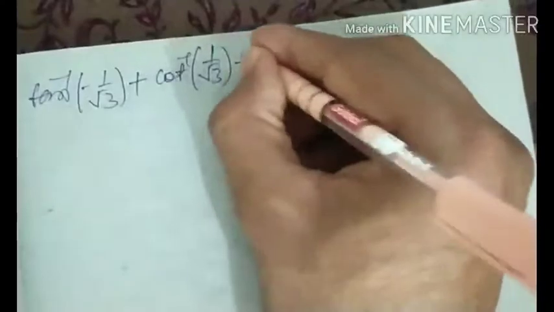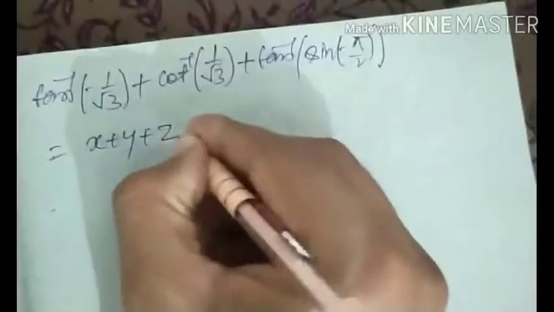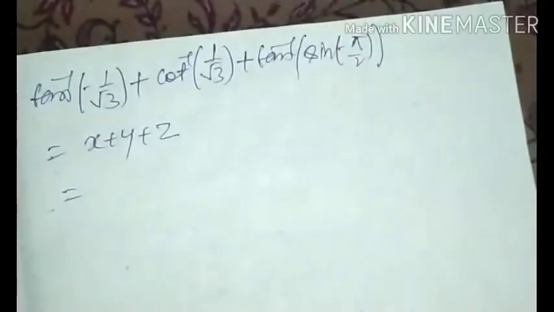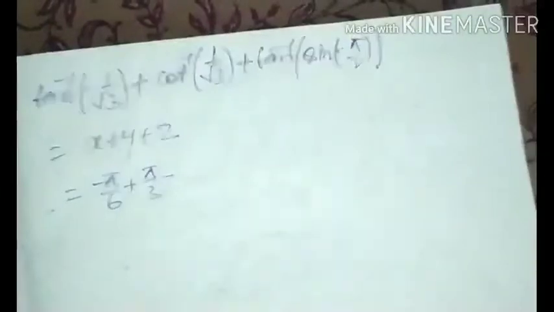Our question was tan inverse of minus 1 upon under root 3 plus cot inverse of 1 upon under root 3 plus tan inverse sine of minus pi by 2. This is x, this is y, and this is z, so x plus y plus z is equal to minus pi by 6 plus pi by 3 minus pi by 4.